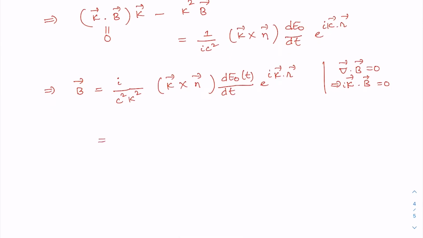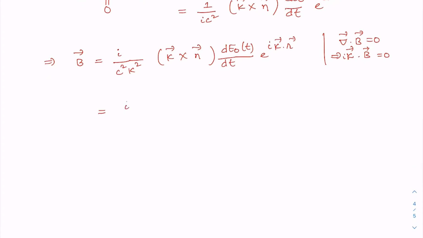I can therefore write my magnetic field, simplifying because I know that kc is equal to omega. Therefore I have omega square, k cross eta dE0 dt, e to the power i k dot r.